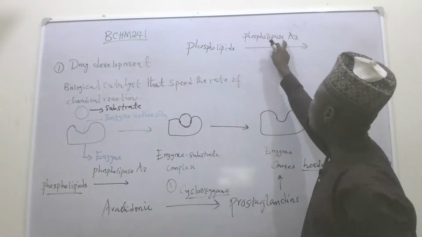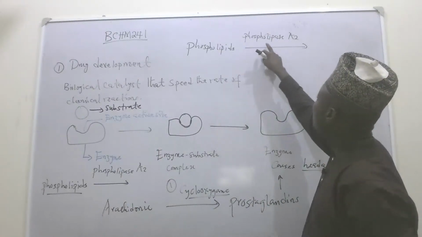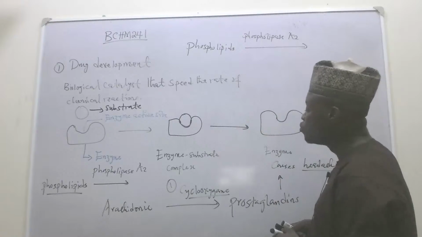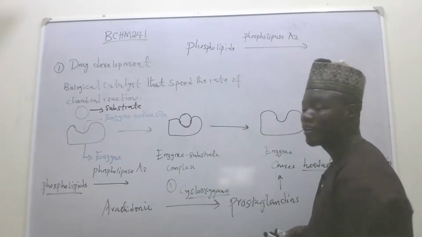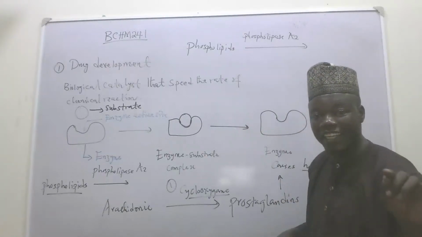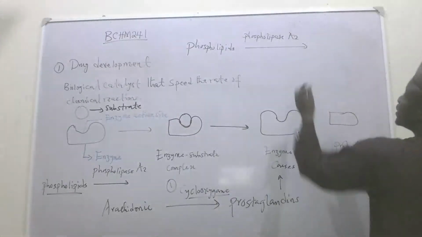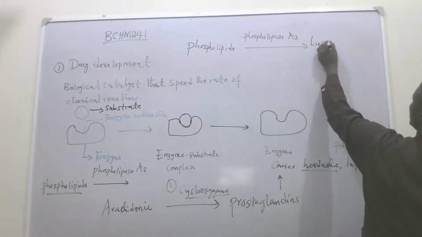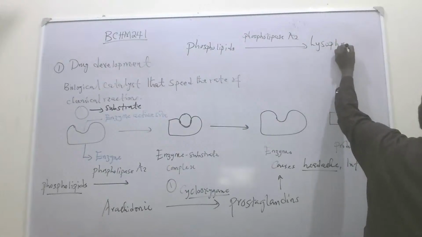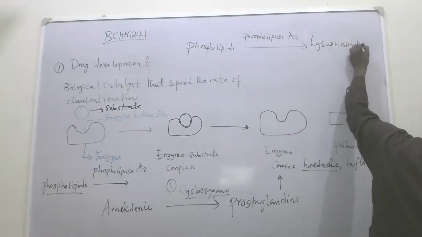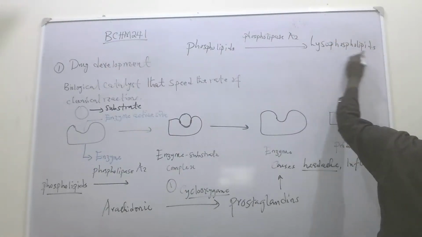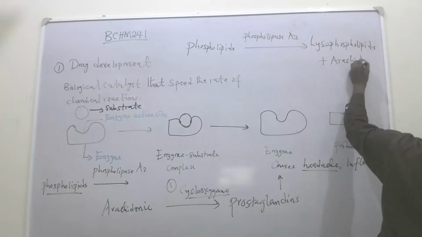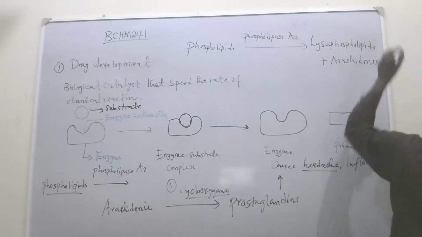The major role of phospholipase A2 is to remove the fatty acid at carbon 2. So when this enzyme acts on phospholipids, it produces lysophospholipids plus arachidonic acid.